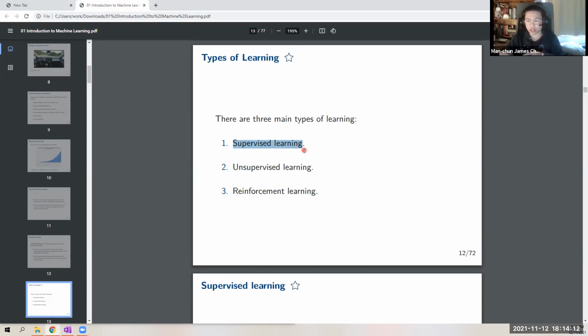I like to think of supervised learning as a textbook where you have the answers to every single question, and what you're trying to do is build a pattern between the questions and the answers.